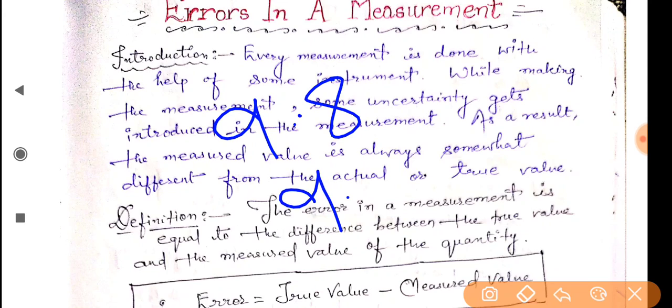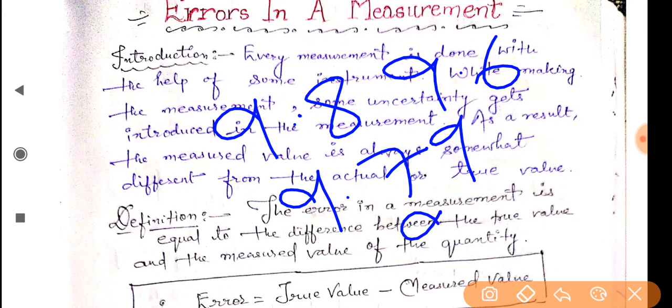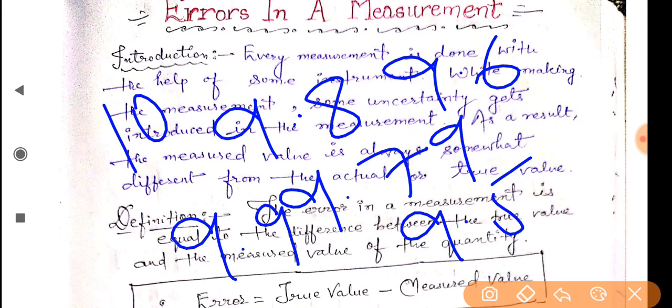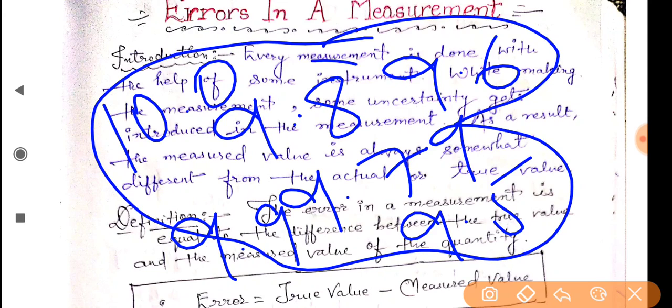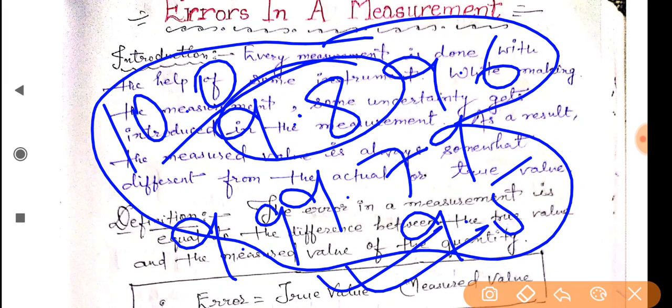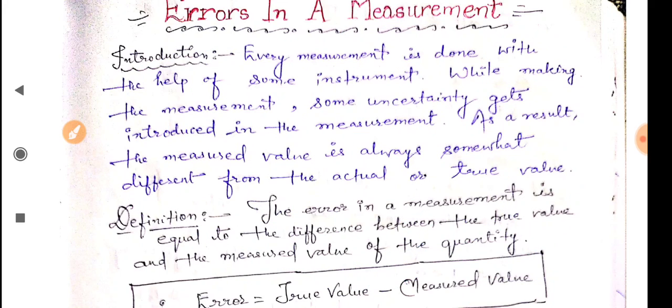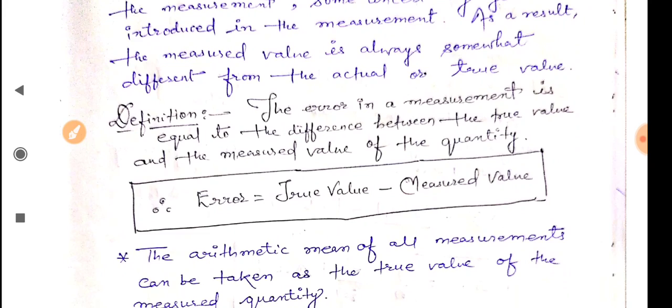The values may be 9.79, 9.6, 9.5, 9.9, 10, and all these values are deviated from the true value, that means 9.8. That is, there is some error in our measurement. What is the reason behind it, we are uncertain about that, but there is some error, and that error can be defined as the deviation of the measured value from the true value.